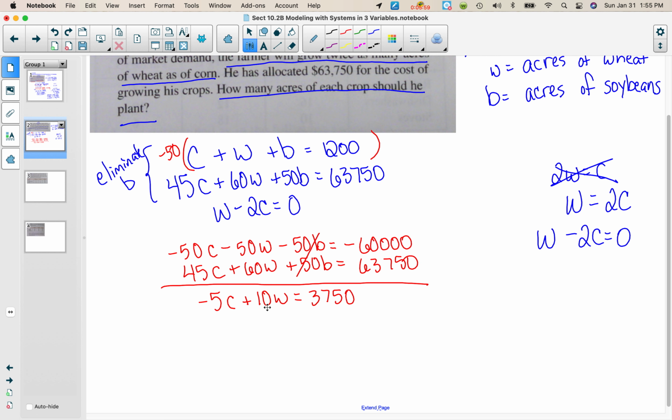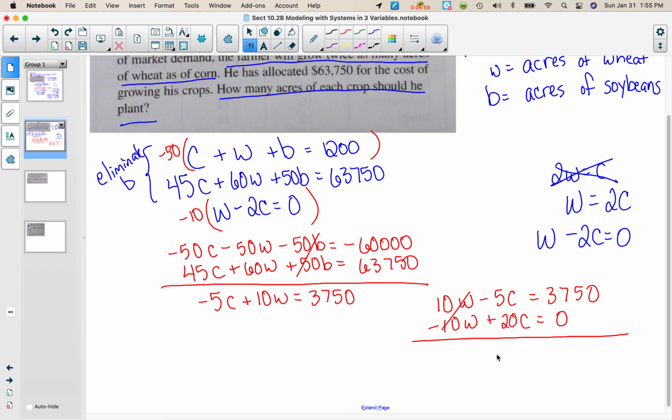I'm going to write this as 10W minus 5C equals 3,750. And on this one, I'm going to multiply by negative 10. So I get negative 10W plus 20C equals still 0.